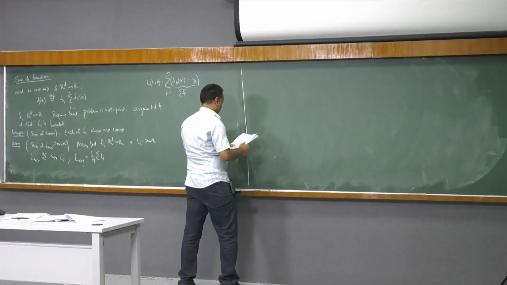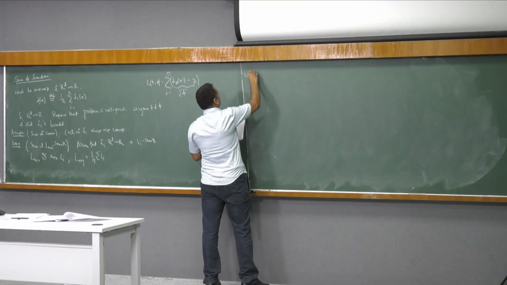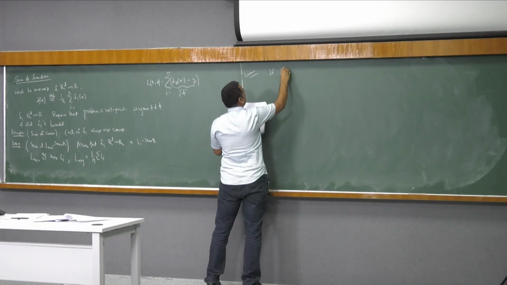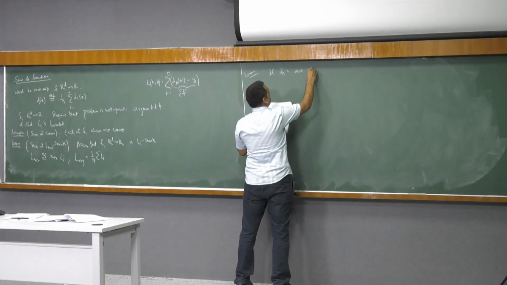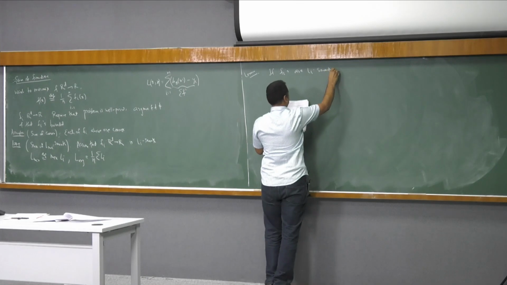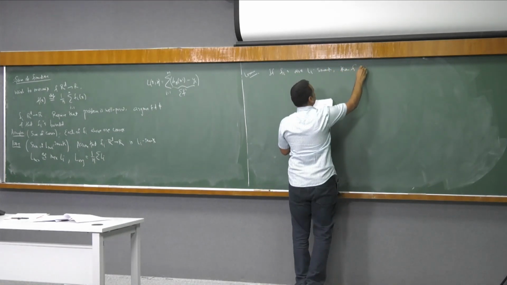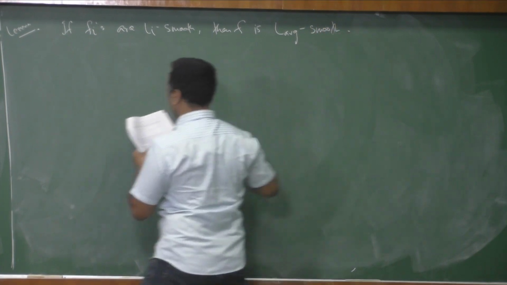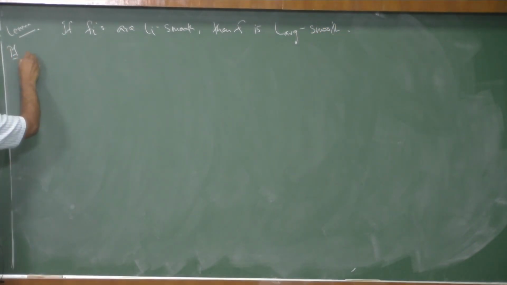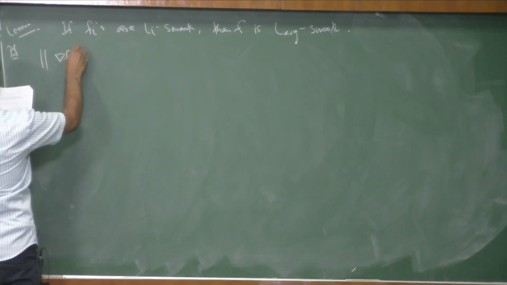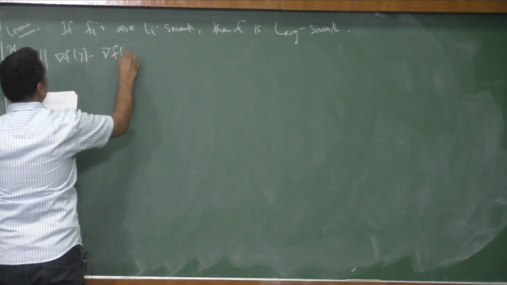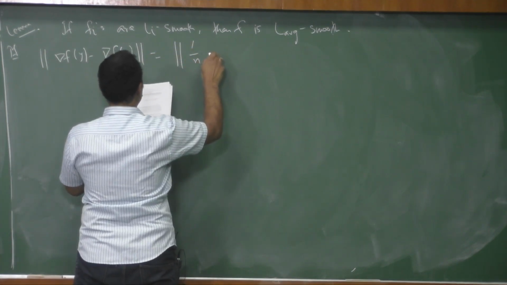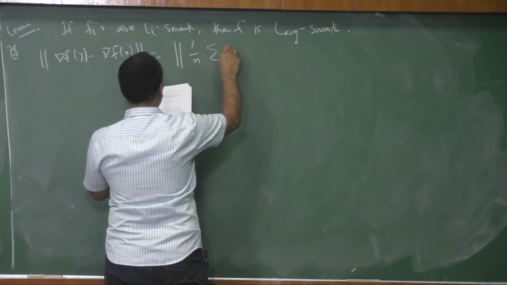It's not an assumption. This is what the lemma clearly points out: if the fi's are Li smooth, then f is L average smooth. The proof is very simple. Take grad f(y) minus grad f(x). Since f is a sum of the functions, the gradient will be the sum of the gradients.